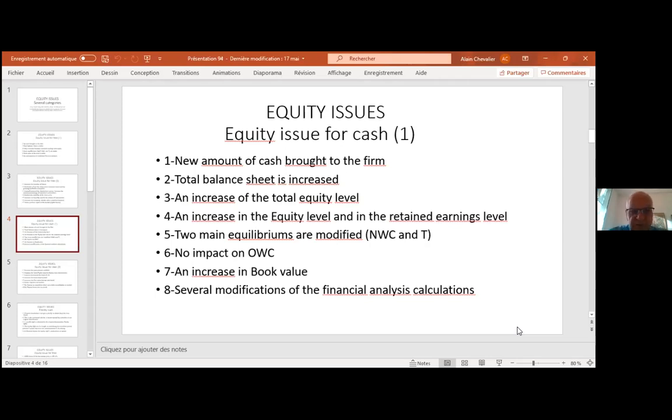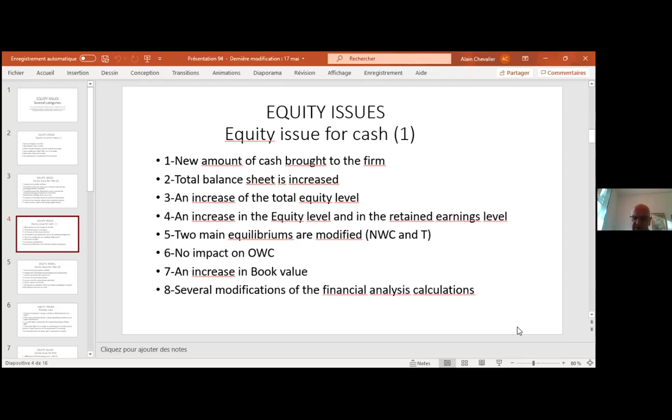If you have a look at point 5, you understand that the impact in terms of financial analysis is on 2 main equilibriums, but not on the 3 main equilibriums. It is on the net working capital, because you increase the total liquidity level, and you don't increase the other elements.